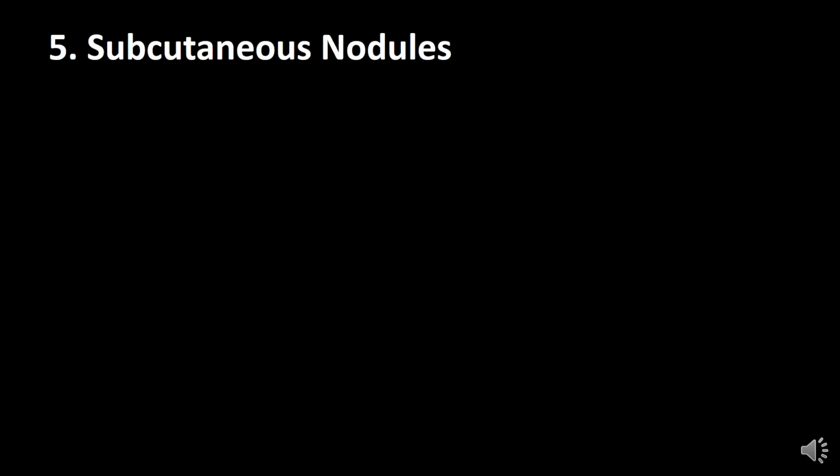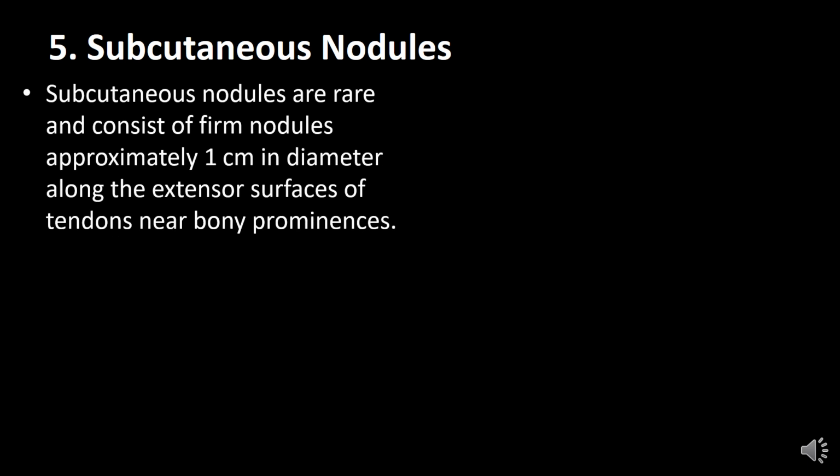Let's now talk about subcutaneous nodules. These ones again are rare, and they will usually consist of a firm nodule, usually about 1 centimeter in diameter, and they don't occur anywhere.